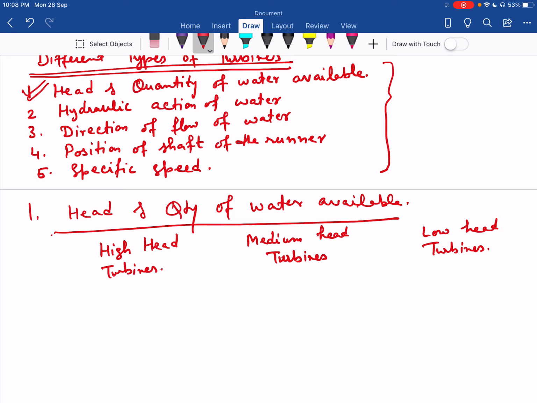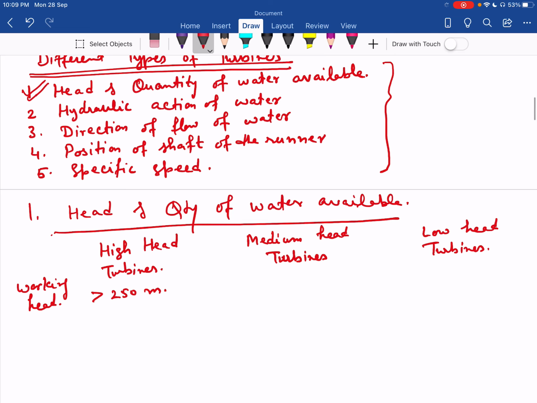For high head, if the working head available is more than 250 meters, the turbine used there is called a high head turbine.